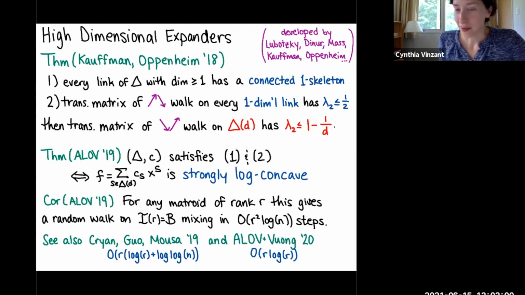If you allow higher degrees, then there are more possibilities. So Petter Brändén and Jonathan Leake have this characterization of supports of strongly log-concave polynomials in terms of generalized permutahedra or M-convex sets. So there are some other things out there.